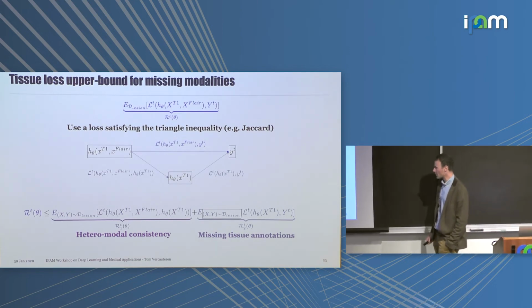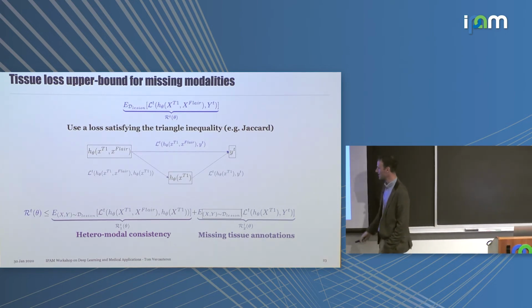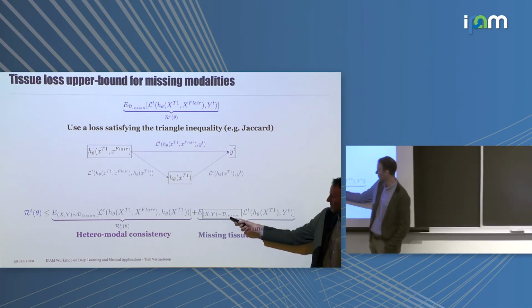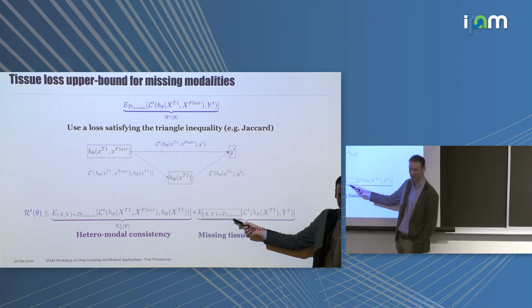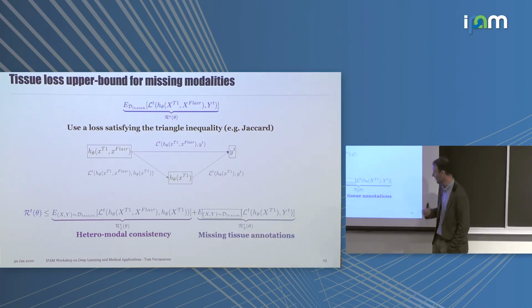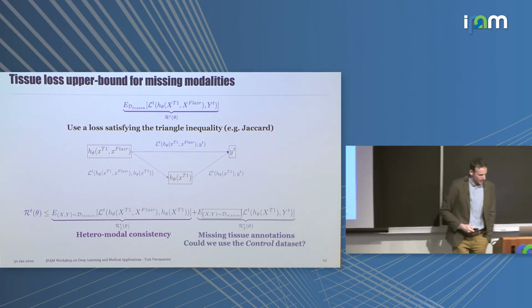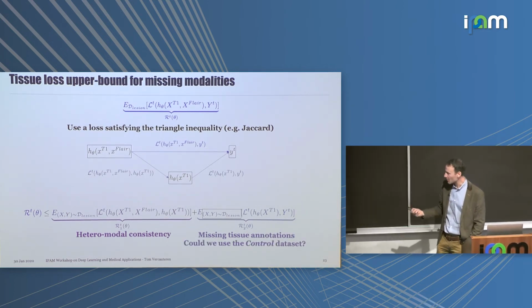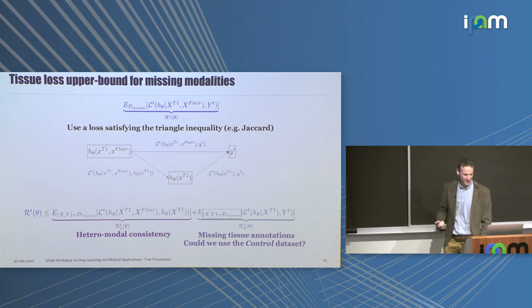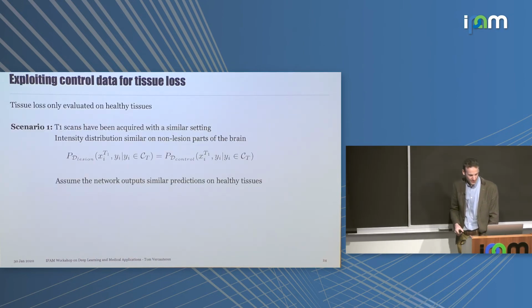The problem, again, is that this expectation was on the patient distribution. And actually, we don't have the tissue loss on the patient group again. So we might have moved one step forward in the sense that we've reduced the number of modalities we need, but we still haven't solved it. So we still want to use a control group, which is where we have the tissue annotations.